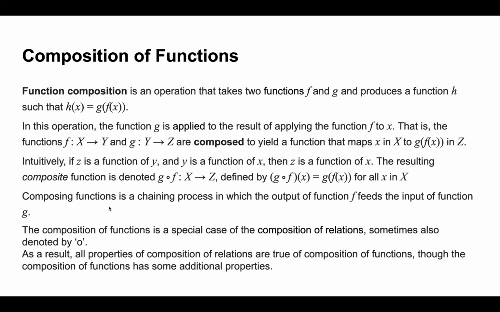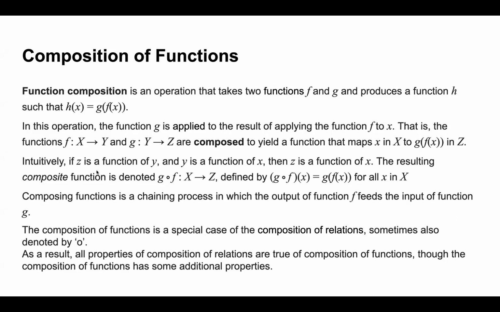We have seen that composing functions is a chaining process in which the output of function f feeds the input of function g. The composition of functions is a special case of the composition of relations, sometimes also denoted by this composite sign, the hollow circle, this one. It's like an o, but it is known as composite.